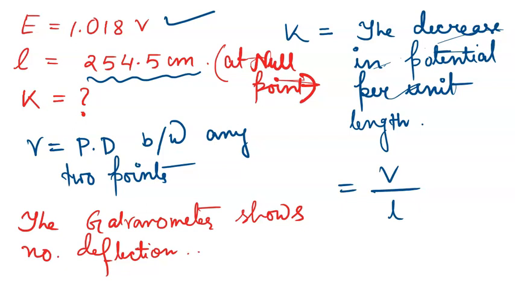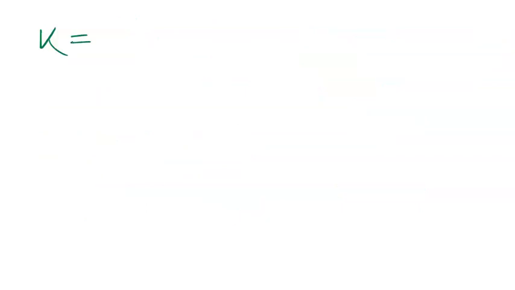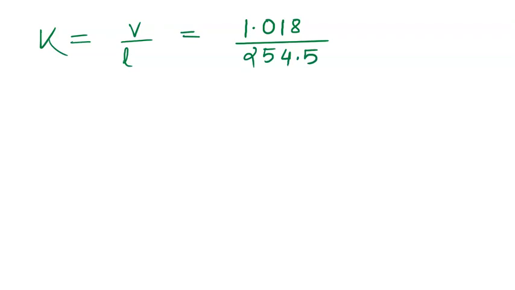Okay, so now V is the potential difference between any 2 points, and it is said that the EMF is 1.018 volt. That means the potential difference will be 1.018 volt. And the balancing length is given. So what will be the potential gradient? So K is equal to V by L, as we know, where V is given 1.018 and the balancing length is given 254.5 centimeter.